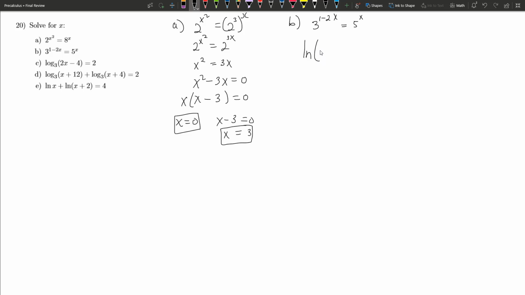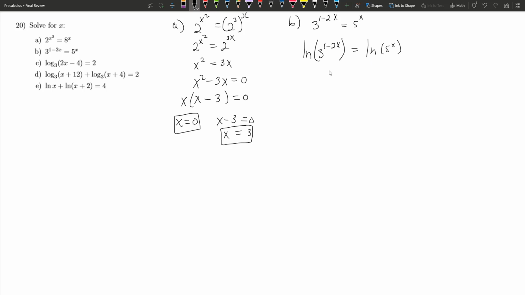So all we're doing is taking the natural log. And why am I using the natural log? No other reason than it saves me from writing log with a number as a base, right? It just helps with time.